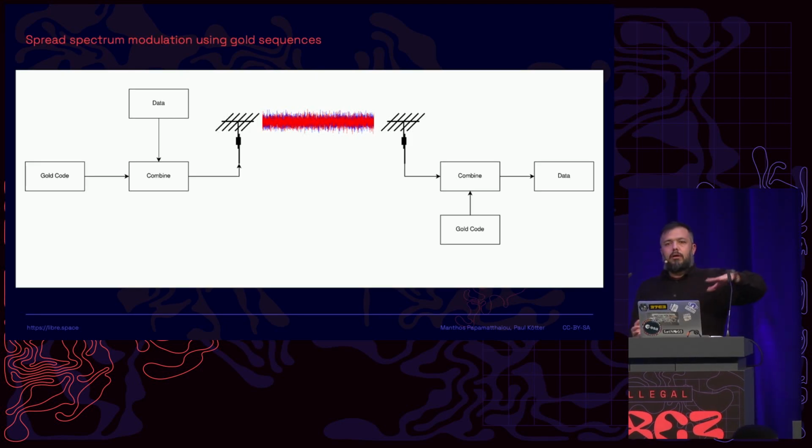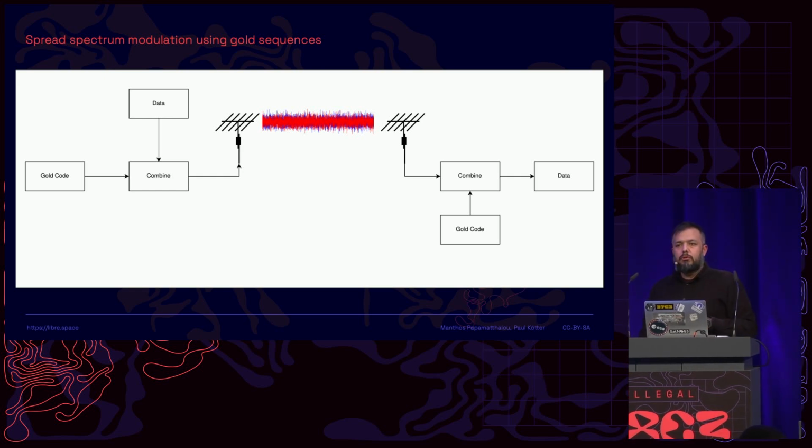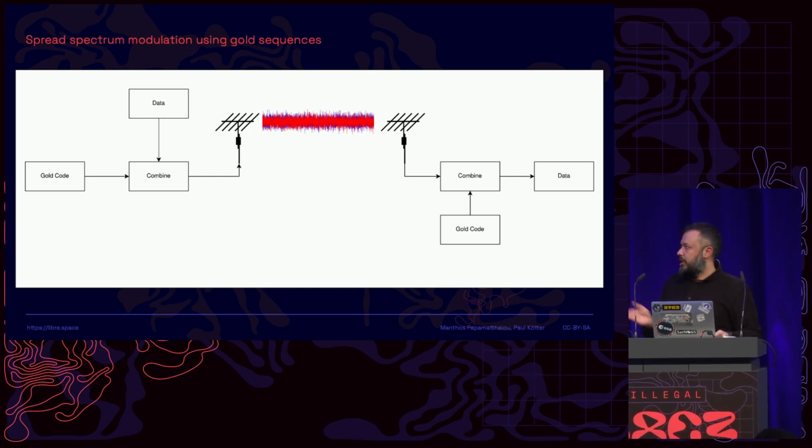For the low power part, we use something called spread spectrum modulation using Gold sequences. Other low power protocols use it, like GPS, and I think all the GNSS constellations use something like this. It's a difficult mathematical equation, but the basics are that you take your data, spread it in time and in frequency, and you get super low data rates, I think in bits per second.